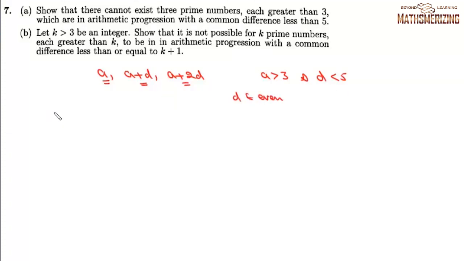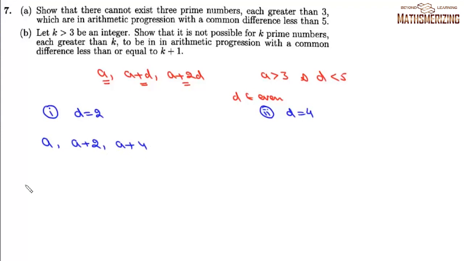When d is less than 5, we have 2 cases. Either the value of d is 2 or the value of d is 4. Now if we take d as 2, then the series is a, a plus 2 and a plus 4.